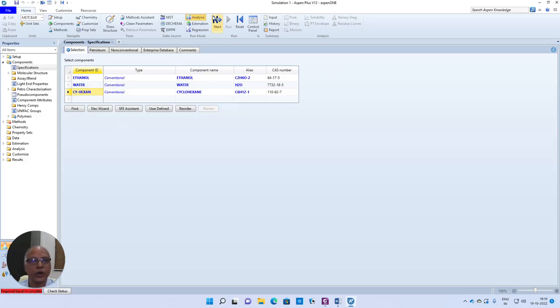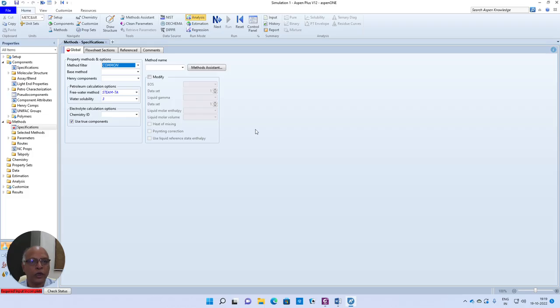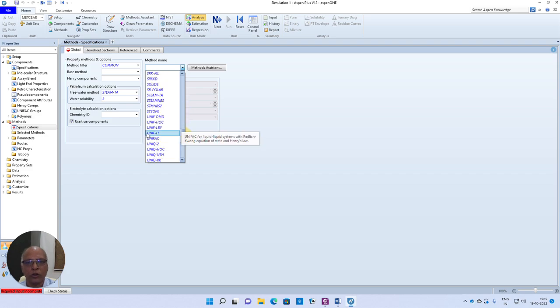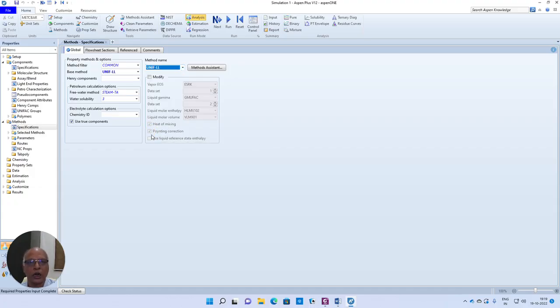Having defined these components, try to be careful when you want to represent liquid-liquid equilibrium. You need to be very careful while selecting the method. So in fact, there is a specific method in Aspen to represent liquid-liquid systems with Redlich-Kwong equation of state and Henry's law. So I am selecting this model.